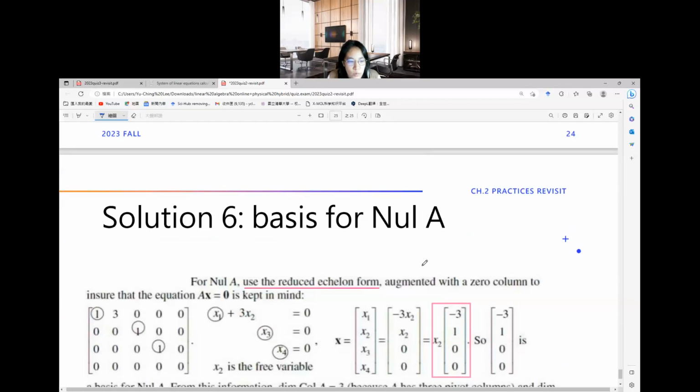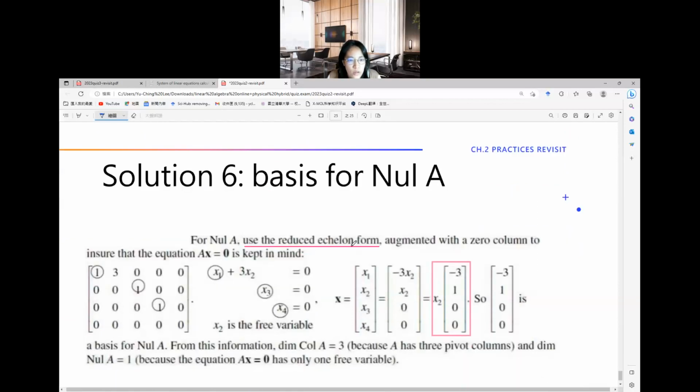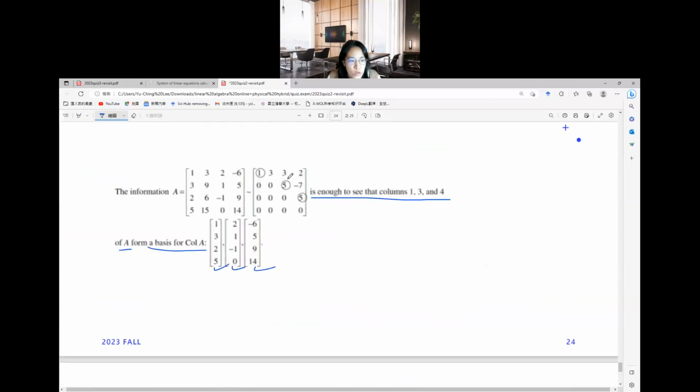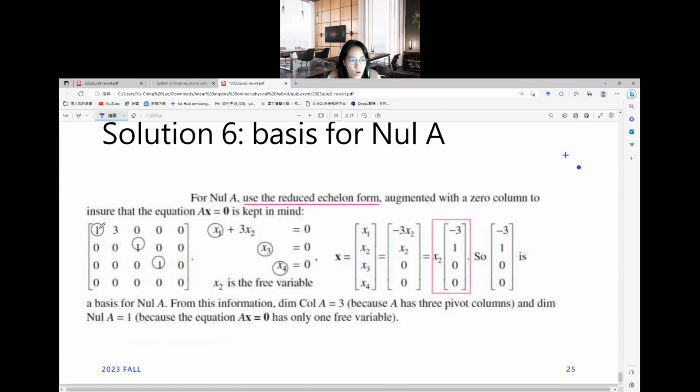For the basis of the null space of A, we use the reduced echelon form. That is, we continue to reduce this part. We make the pivot positions all 1, like here, 1, 1, 1. And then all the numbers below and above the pivots are 0.